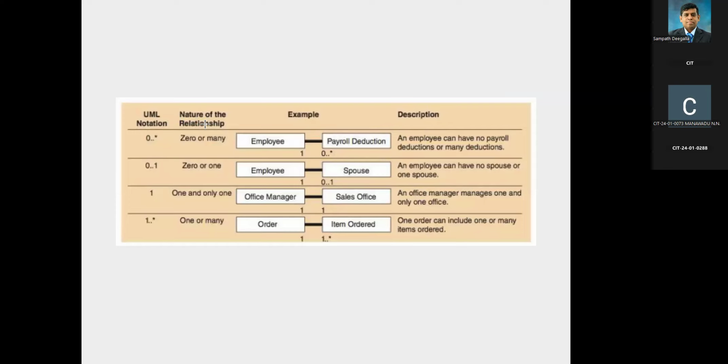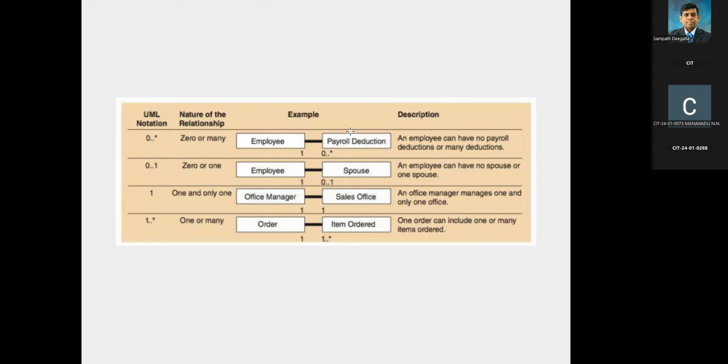Now, UML notation is slightly different from ER notation or other notations that you might have learned. So let me introduce some examples where UML notation is used. The first one, you can notice that we have 0 and asterisk, which indicates 0 or many. For example, let's say we have an employee, and then we have a payroll deduction.